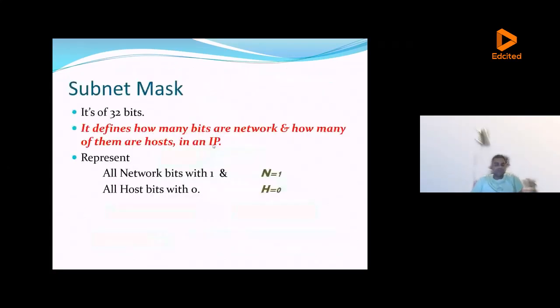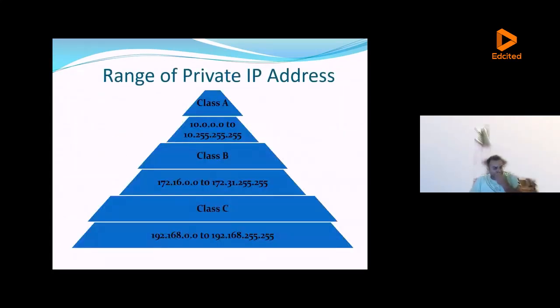Now comes the function of subnet mask. I told you that an IP address has two things, the network part as well as the host part. By default, we try to break it in the middle. So how do we know in every IP which part is a network and which part is a host?